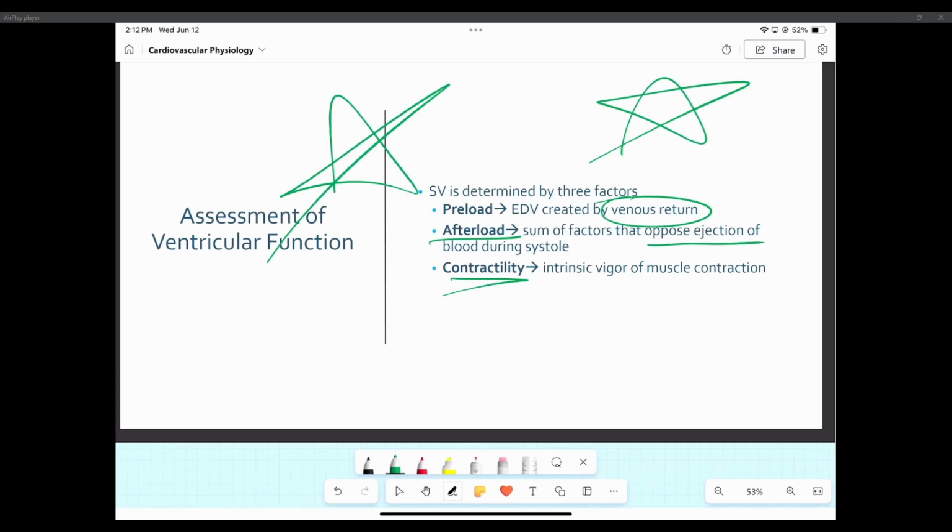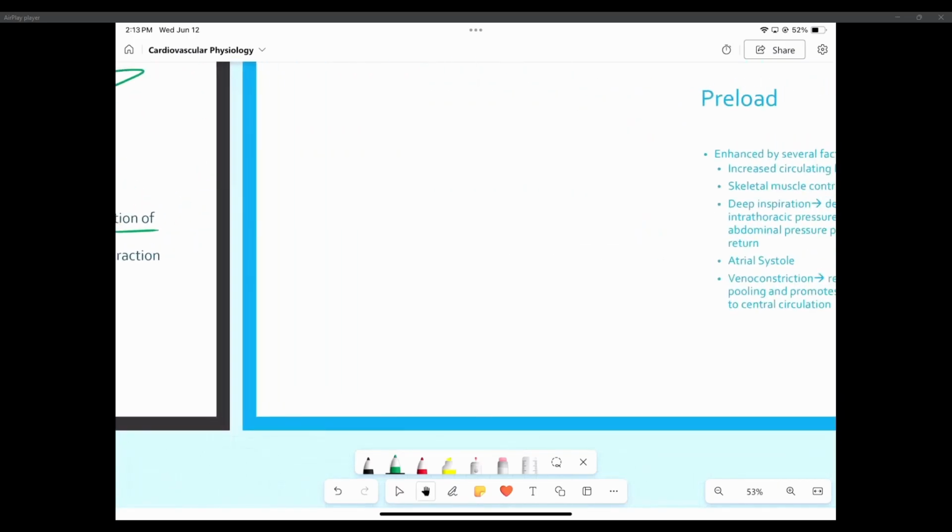That is your preload: what pressure is on the heart based off of the volume of blood that's in it. End diastolic volume. Afterload: how much pressure does the heart need to generate to overcome the aortic valve? And that's your systolic pressure. Contractility is just how well the heart squeezes.